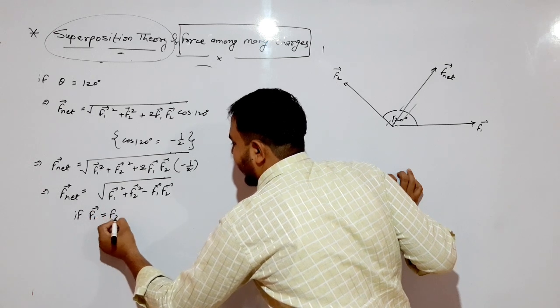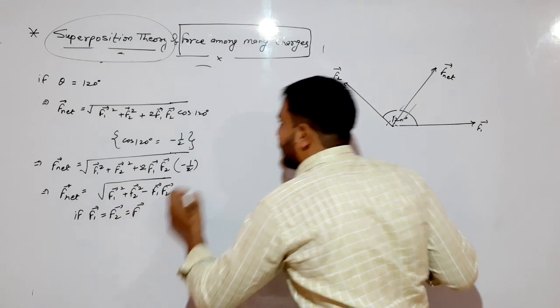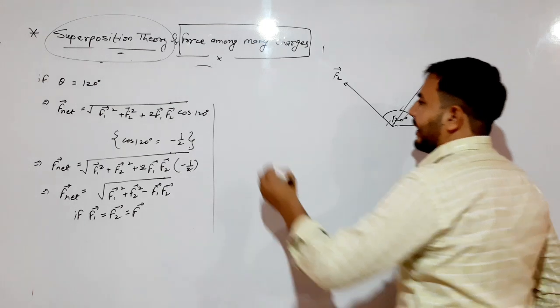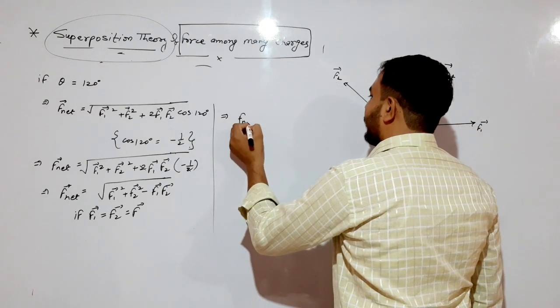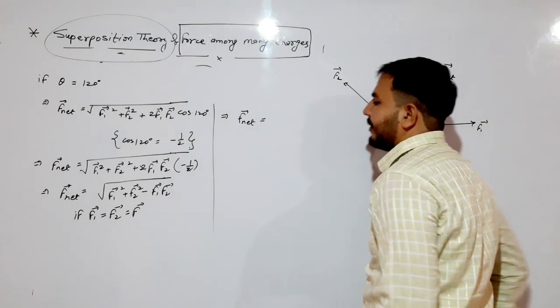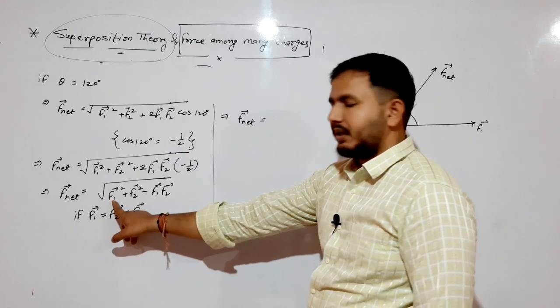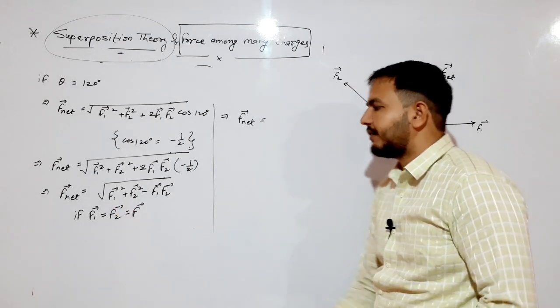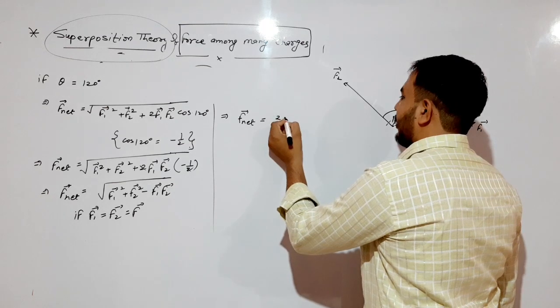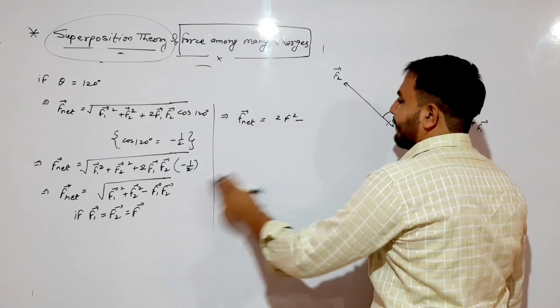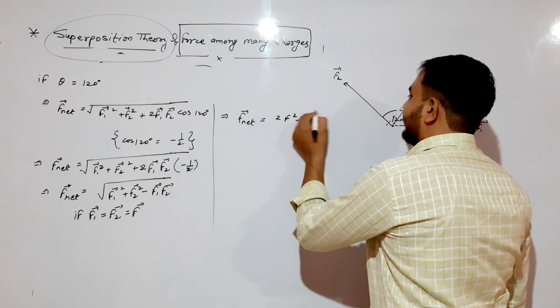If F1 vector and F2 vector are both equal to F vector, then F net is equal to the root of F square plus F square minus F square.